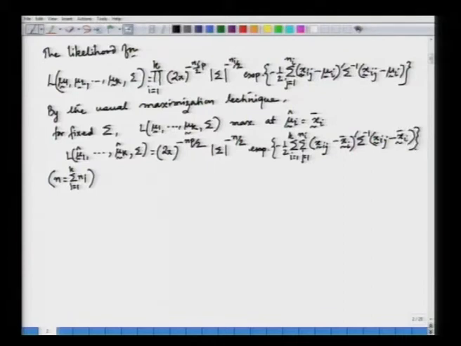So, this is maximized at sigma hat, the only parameter involved now.